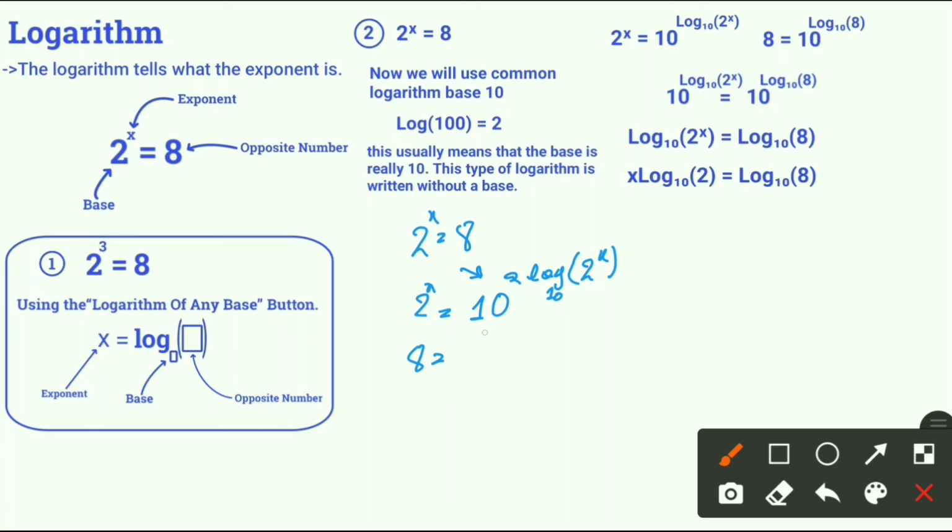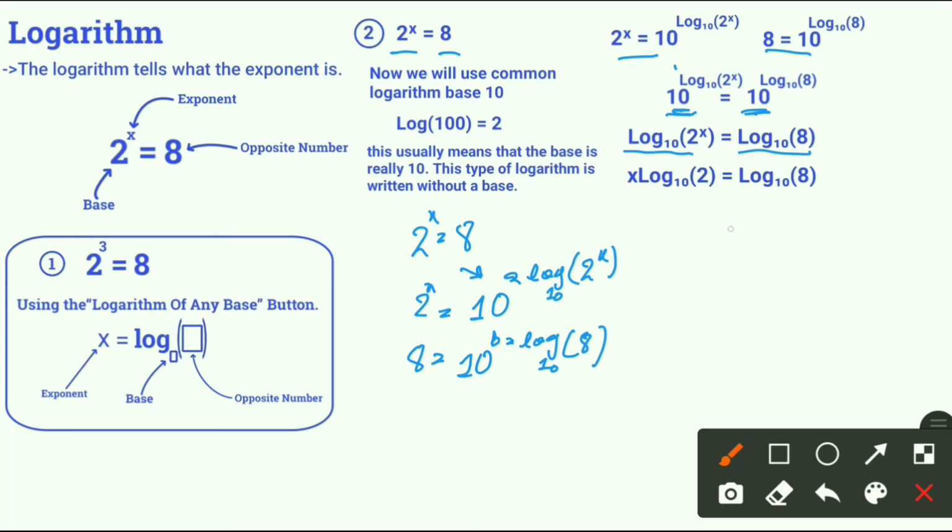Now we're going to do the same thing to 8. So 8 is equal to 10 to the power b, where b is log 10 of 8. Since you have converted both, now you make them equal, since they were both equal. In O-level math, in the indices chapter, when both bases are the same, we look at the exponents.